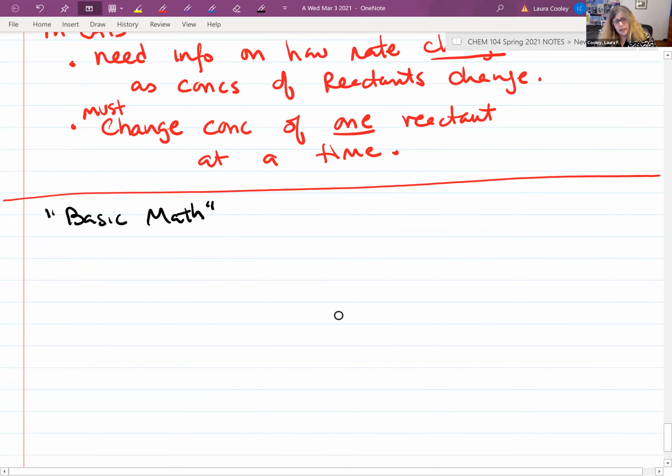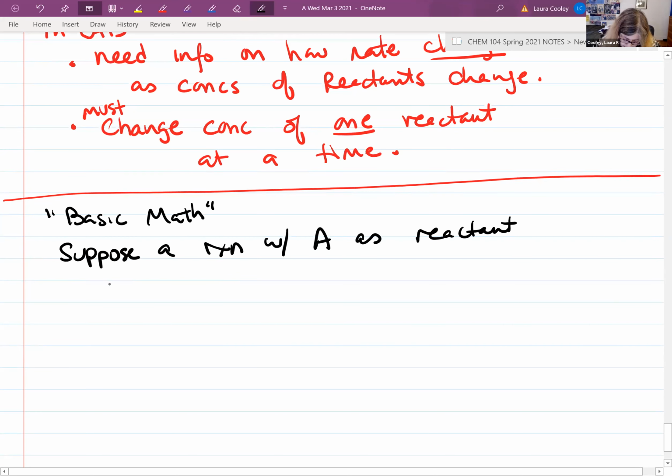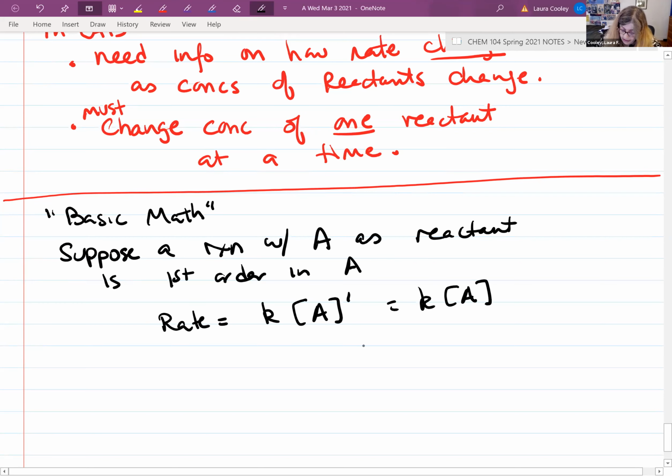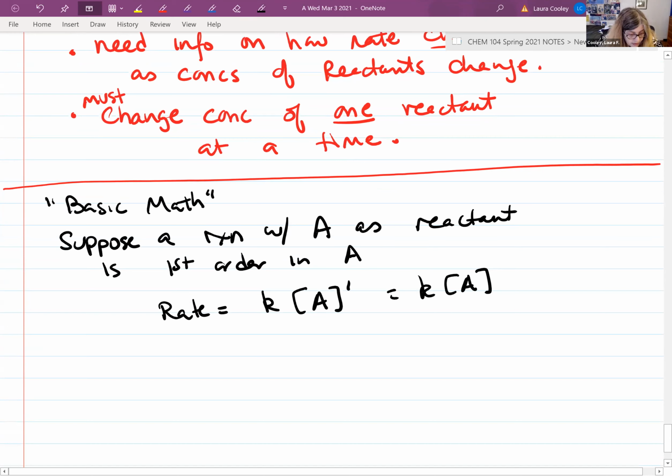So I'm going to consider what would happen if you have a first order reaction, first order in A. So suppose a reaction with A as a reactant is first order in A. Okay, so rate is equal to K A to the 1 power, or just K A. K times the concentration of A. Now, this means that the rate is simply proportional, right, to the concentration of A.